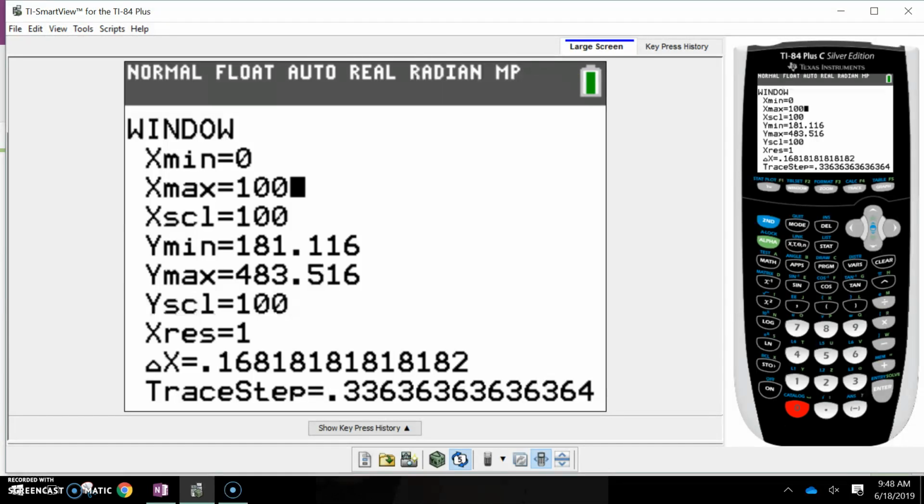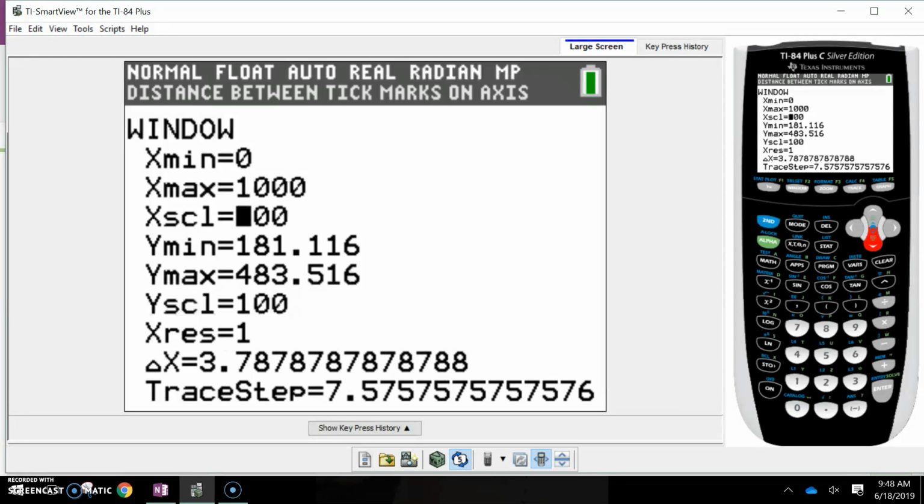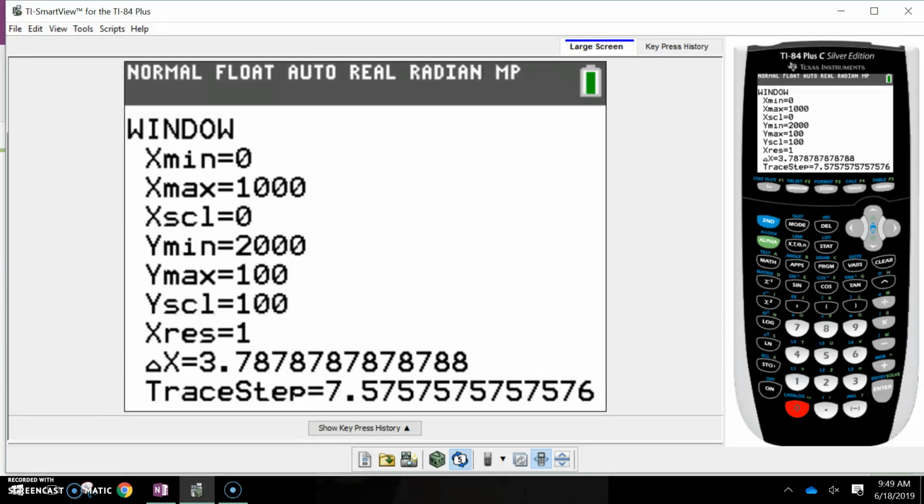If it's too large, I'll just back it off and count by hundreds. And then the Y's I'm going to do from 0 to about 2,000, because I think that number is going to be bigger. And again, I'm going to count by, whoops.